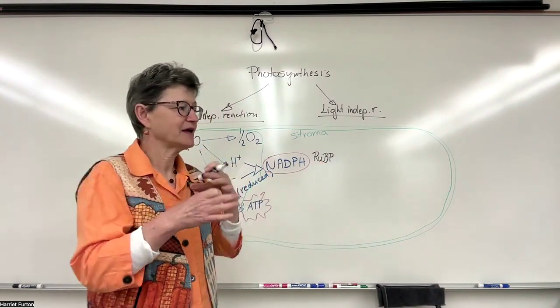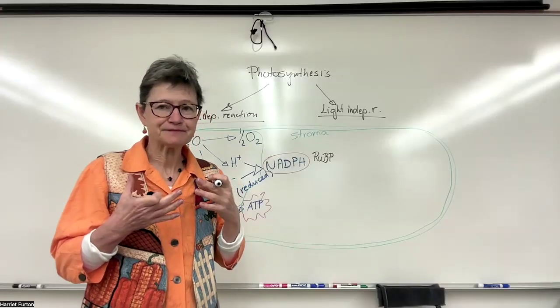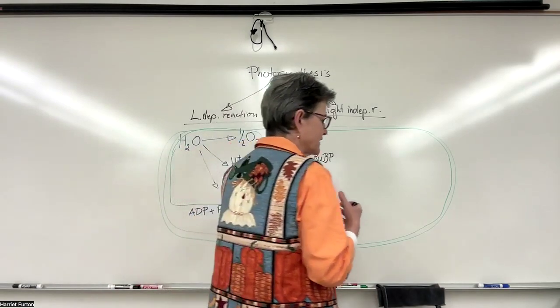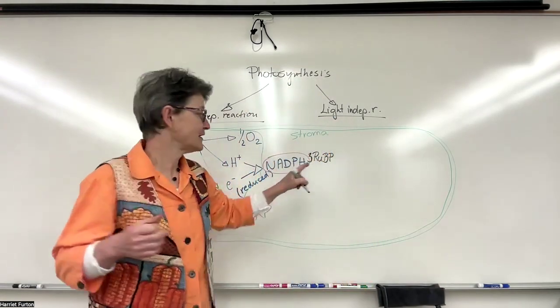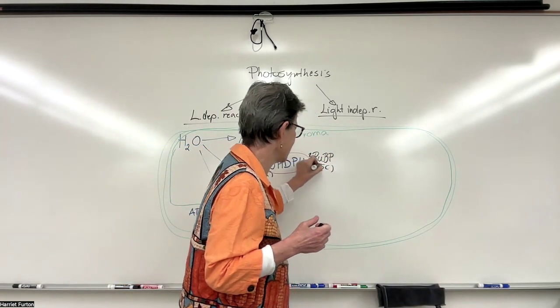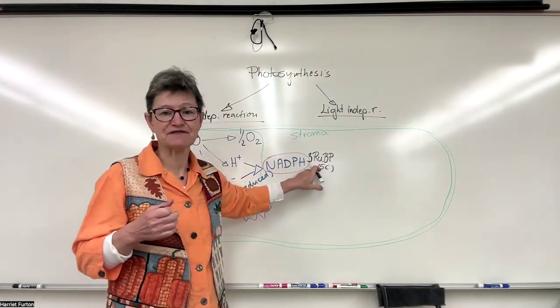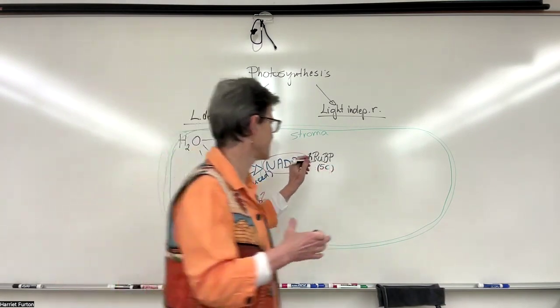We start with, for counting wise and to understand the carbon situation, we will start with 3 RUBPs, and each RUBP contains 5 carbon atoms. So altogether, this is 15 carbon atoms we start with.